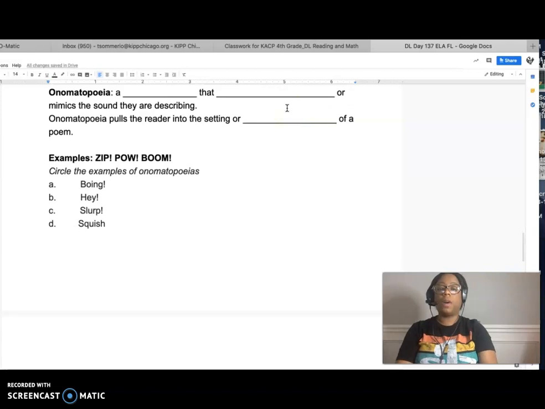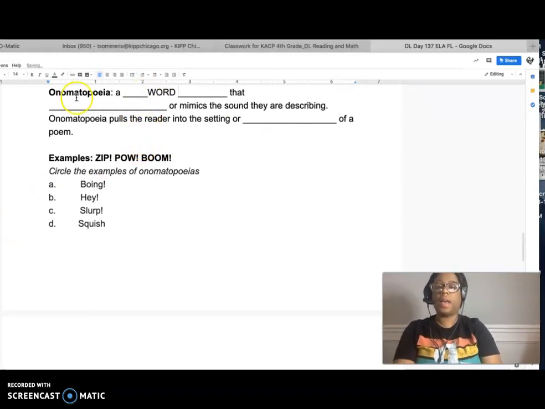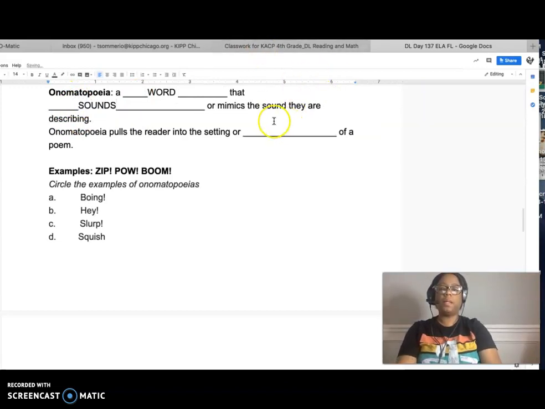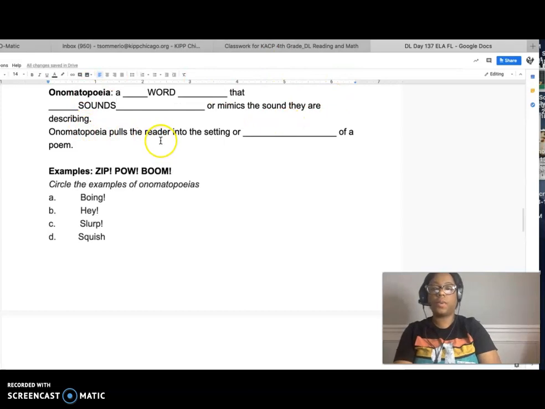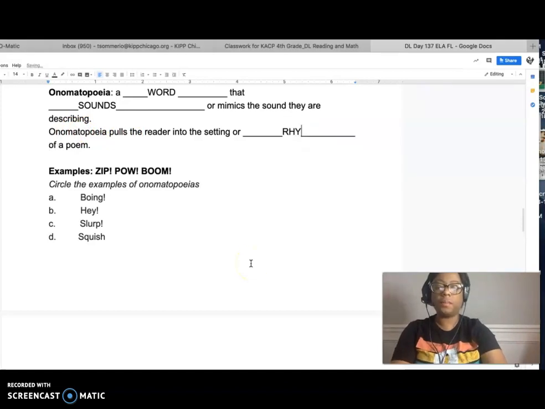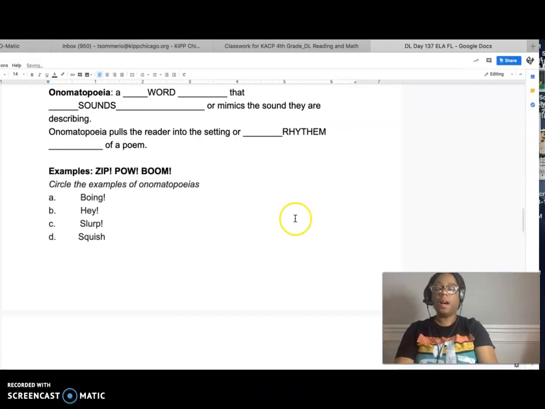Now, let's move on to onomatopoeia. An onomatopoeia is a word that sounds or mimics the sound they are describing. Onomatopoeia pulls the reader into the setting or rhythm of a poem.